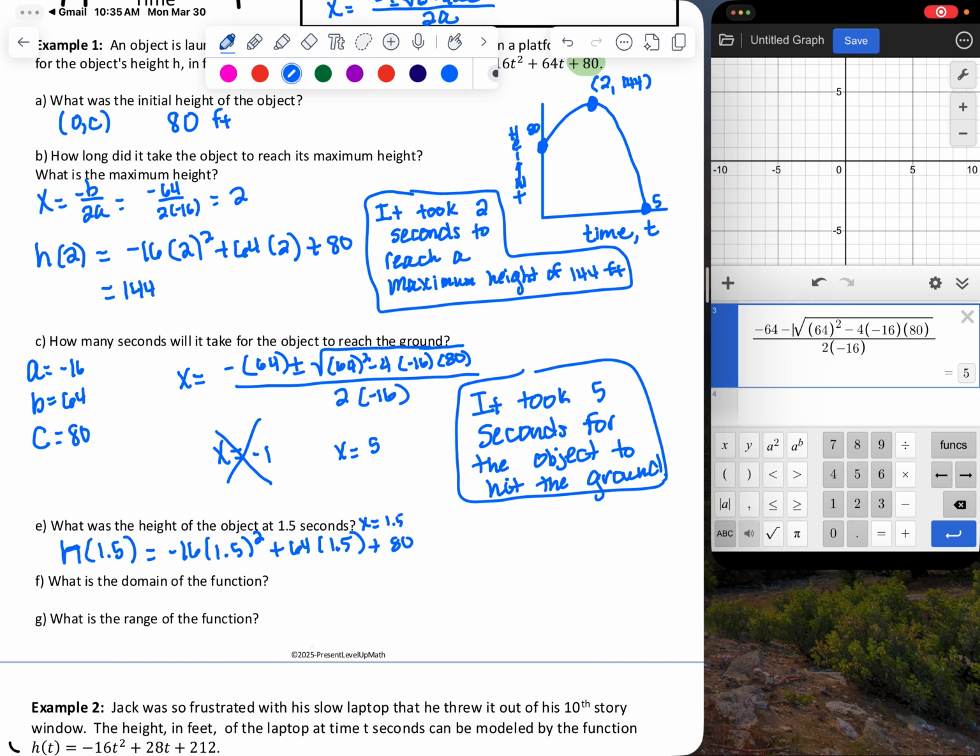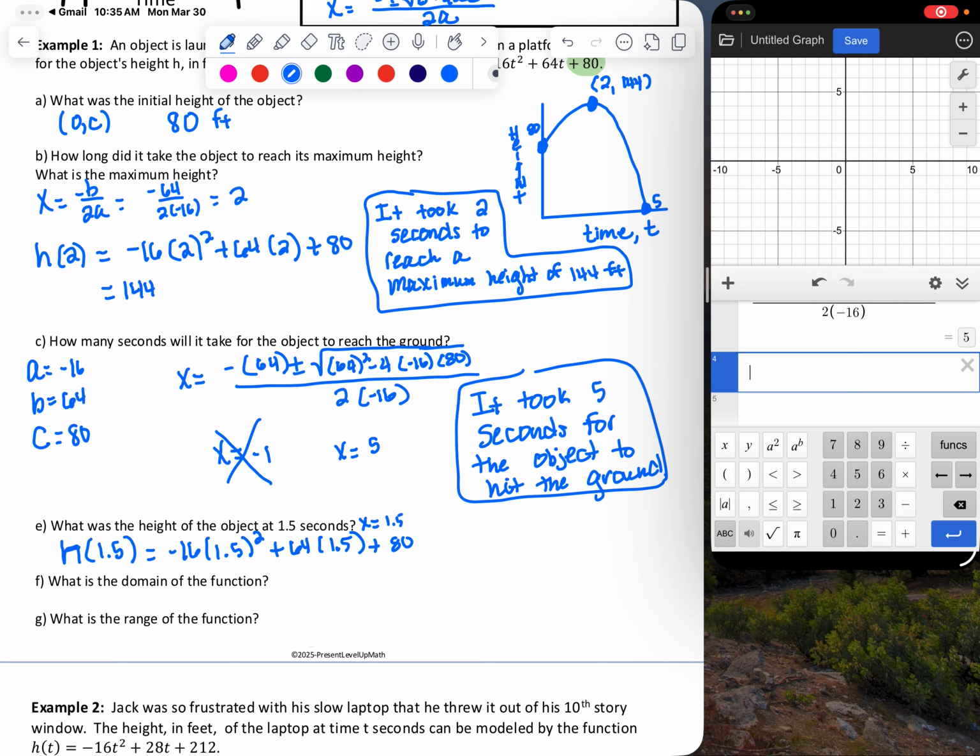And then you'll just put that in your calculator. Negative 16 parenthesis 1.5 parentheses squared plus 64 parentheses 1.5 parentheses plus 80, and that gives us a height of 152 feet.